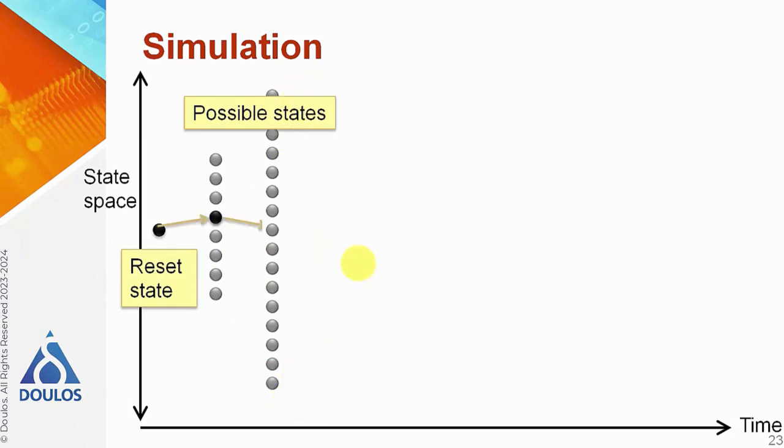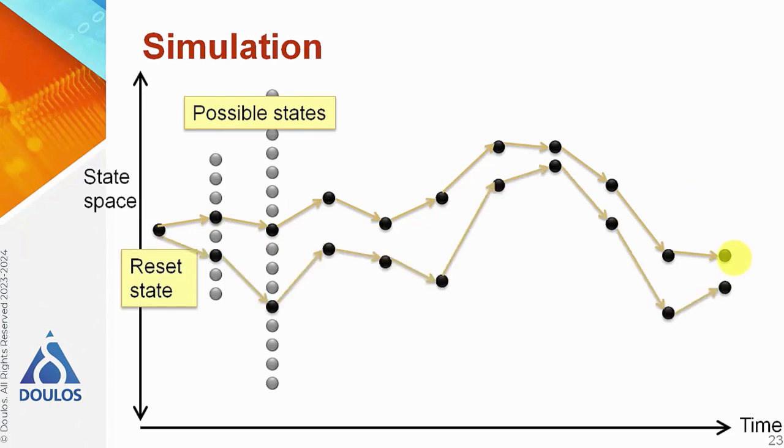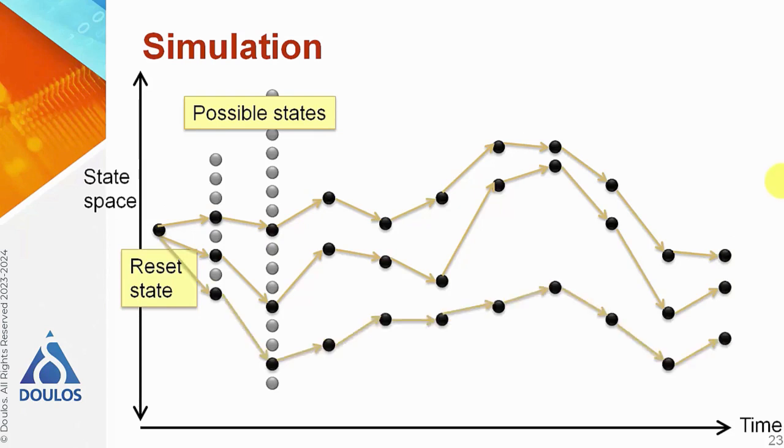But of course, for simulation, we pick a particular state in each cycle. So as simulation advances, simulation is advancing through a specific state. And a complete simulation run just traces out one very specific path through the astronomical space of possible states of our design. And we then run another simulation, and another simulation, and another simulation.